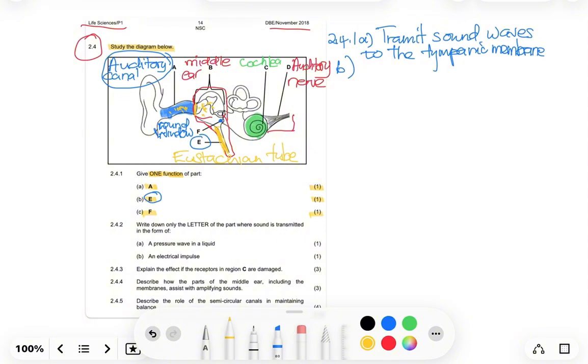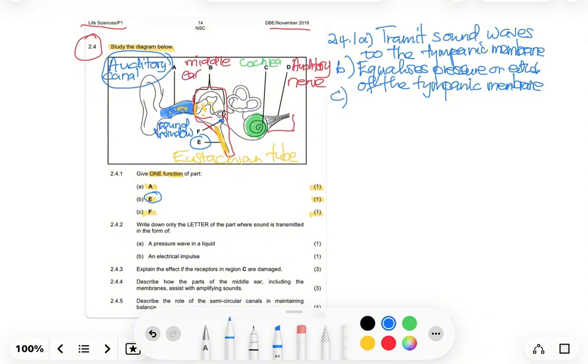So we're going to say that the eustachian tube equalizes pressure on either side of the tympanic membrane. The tympanic membrane is also called the eardrum, but I prefer that you use the term tympanic membrane.